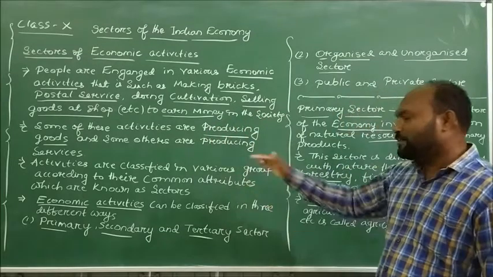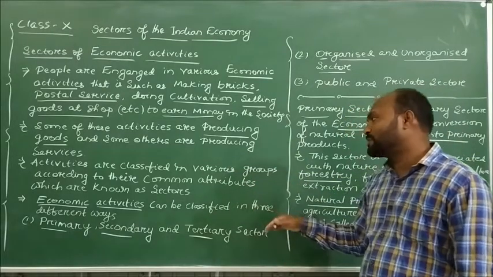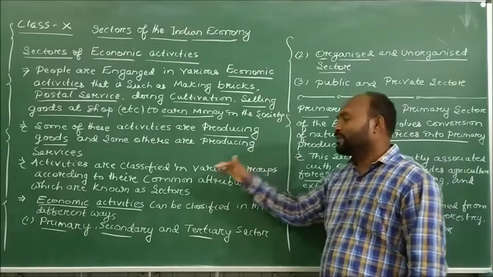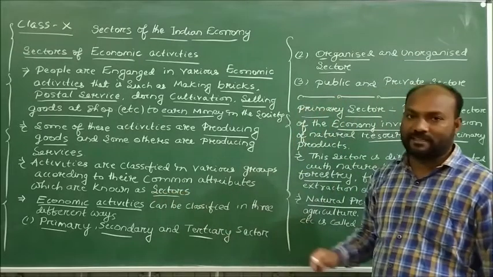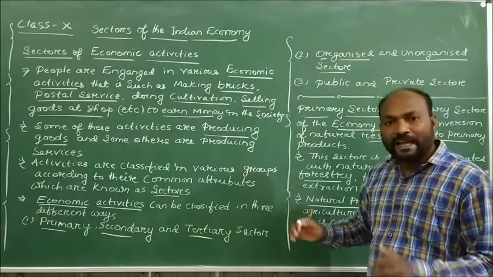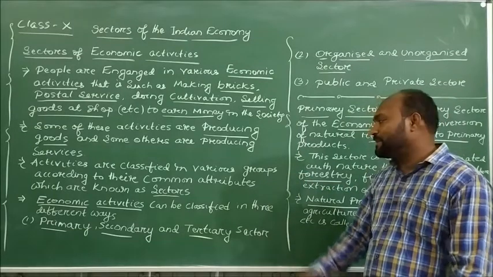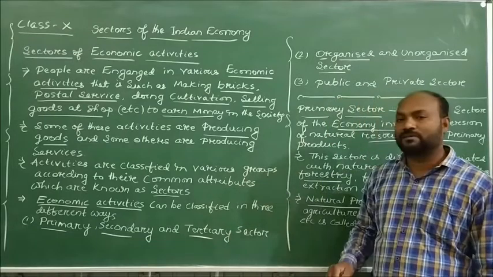So dear students, all these activities are classified into various groups according to their common attributes. That is why they are known as sectors. These economic activities can be classified in different ways.